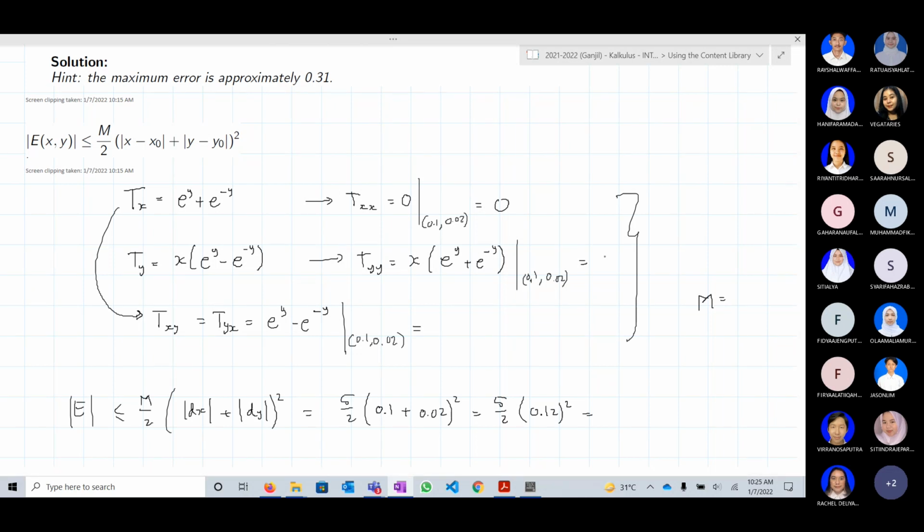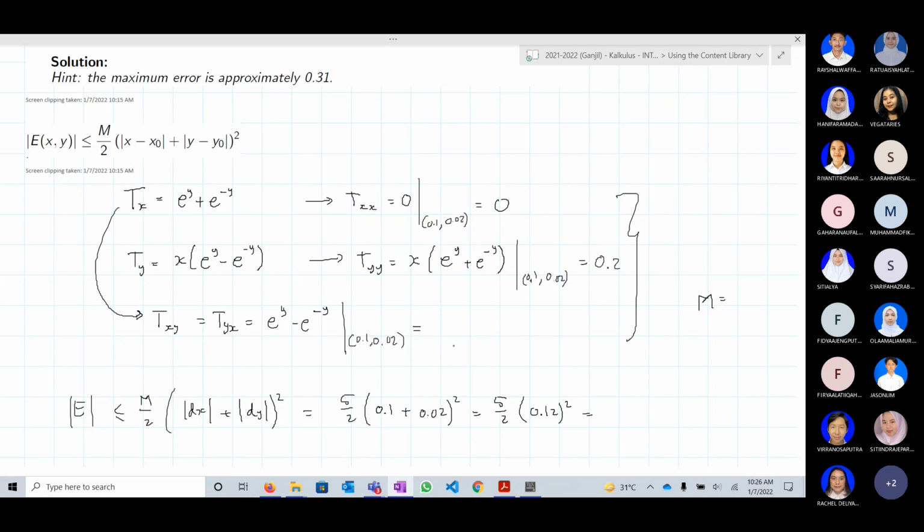What is the value of e power? Let me find it. Calculator. exp 0.1 times exp 0.02 plus exp minus 0.02 is, this is about 0.2, and the next one is that guy.